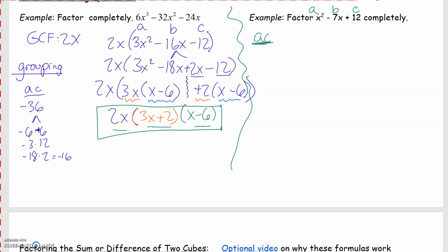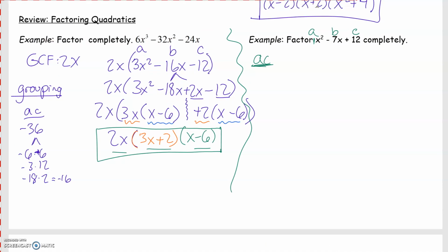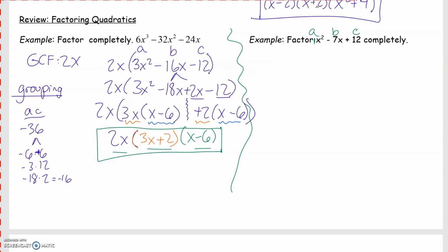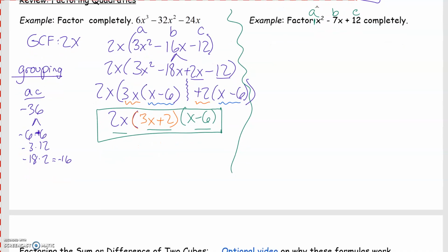Okay, but whenever A is 1, you can multiply AC out and figure that out, but I just realized that this is an easier problem. You just need to take a look and see what are the factors of 12 that'll add up to give you negative 7. And in this case, we can take negative 4 and negative 3 and multiply those two together, and that would give us our positive 12.